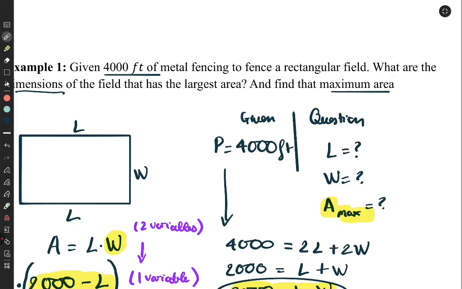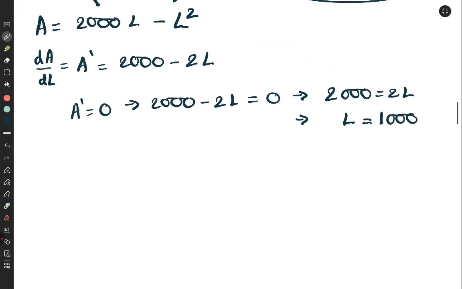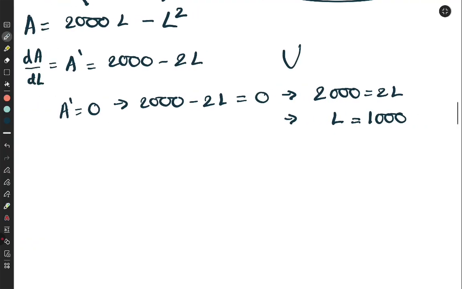That is the dimension. Give me the largest area. Can you do that? Yet? No, right? That's just the critical points. You have 3 critical points. You either have this, or this, or neither, right?